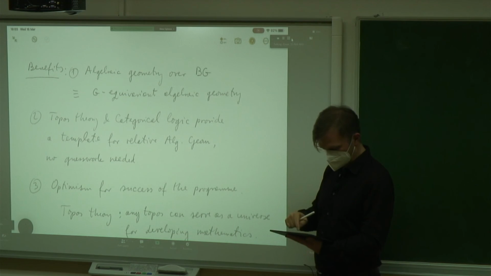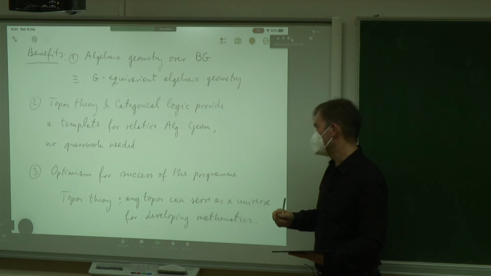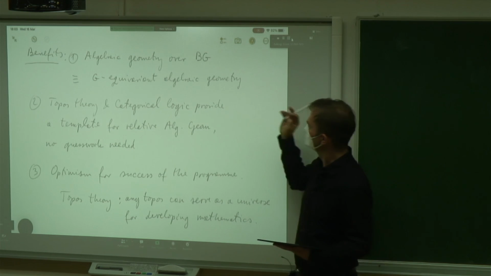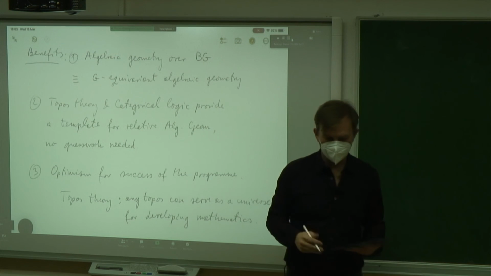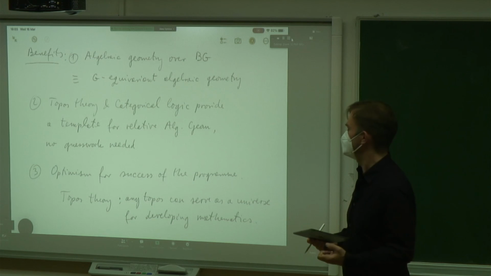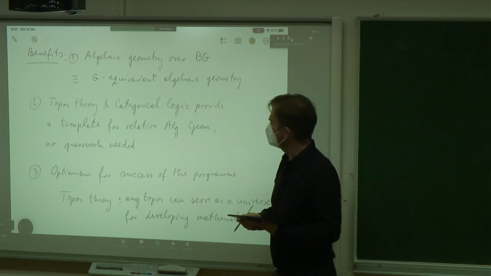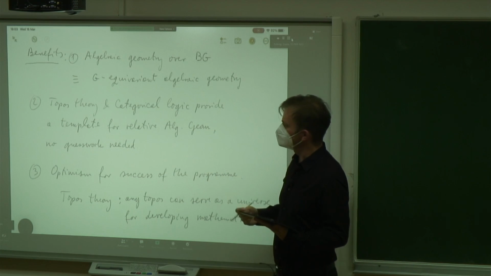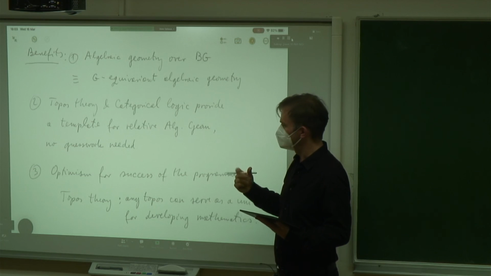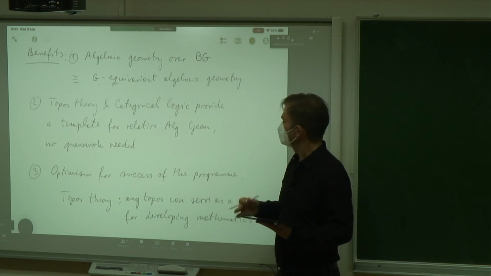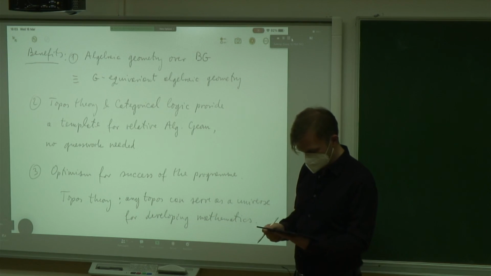And so, I've already shown that even for the simplest possible case of the additive monoid of natural numbers, you get significantly improved results in difference algebraic geometry to anything that existed before.